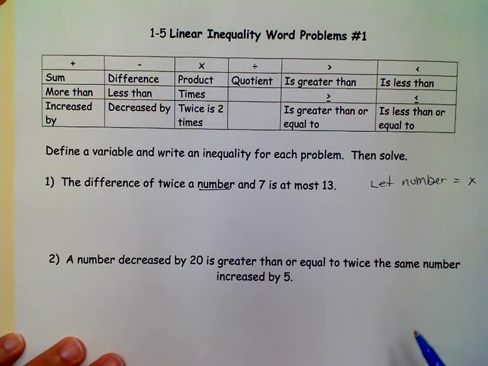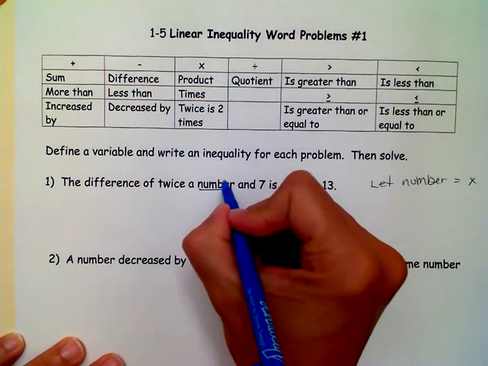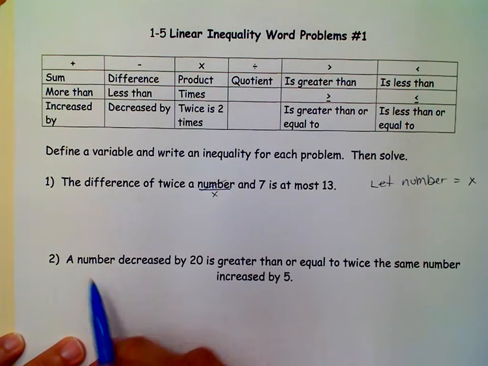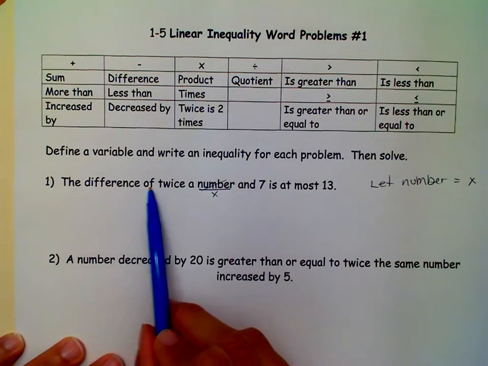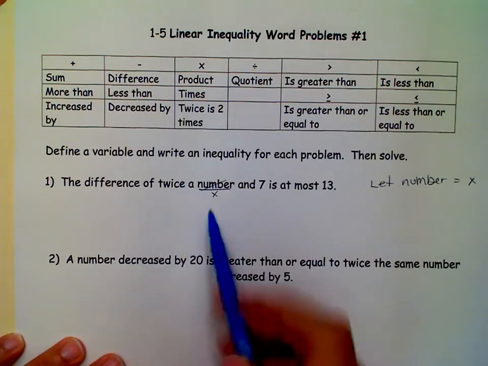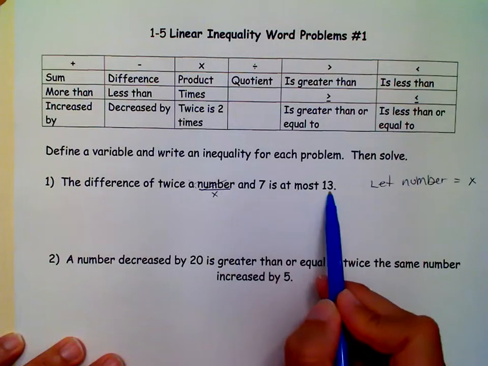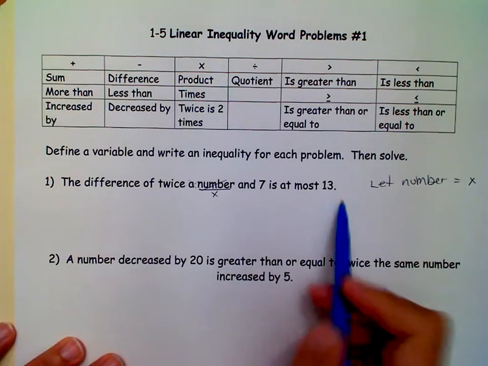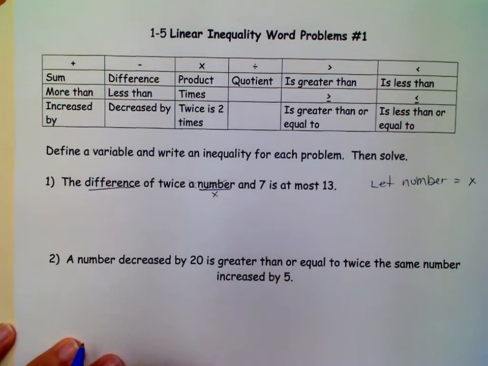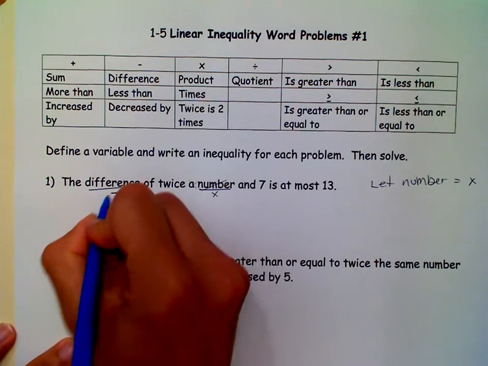So now I like to read it again with that in mind. So this is no longer a number, it's x. The difference of twice x, get rid of the a, twice x and 7 is at most 13. So I like to go step by step. What does difference mean? Difference means minus.